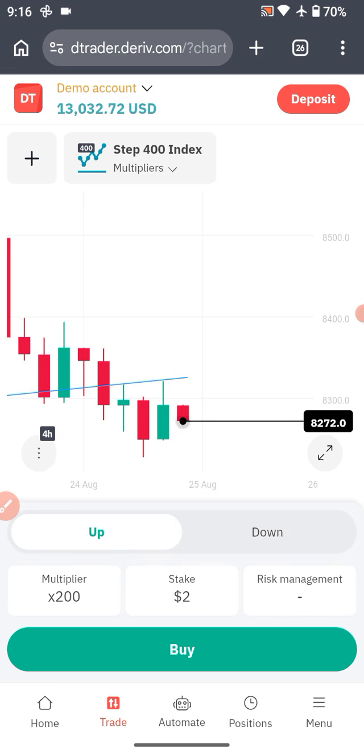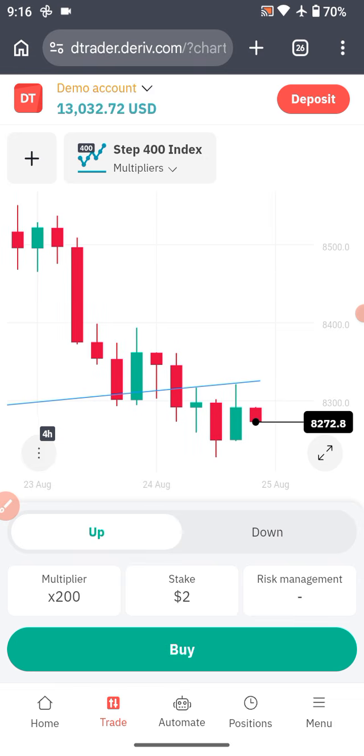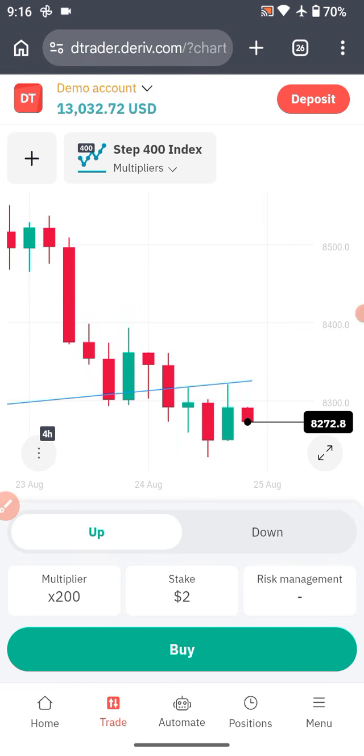So let's go back to the same step 400 index that yielded us the first $2 of yesterday.